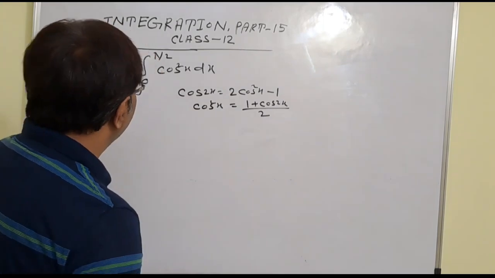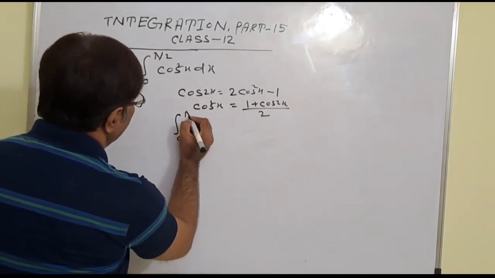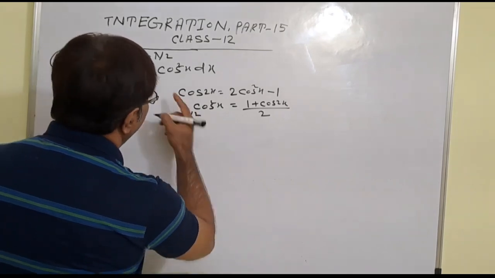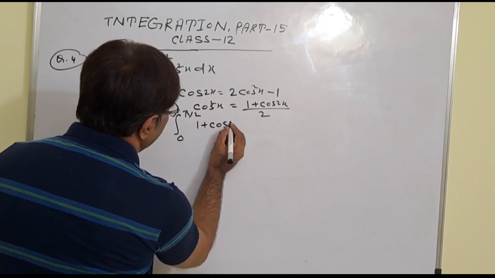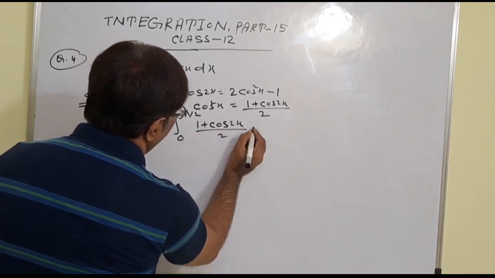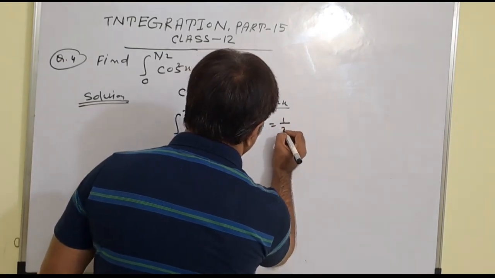Now use this in the place of cos square. So this is 0 to pi by 2, and in the place of cos square x, we are writing 1 plus cos 2x by 2 dx. You know half is constant, so just take half outside.